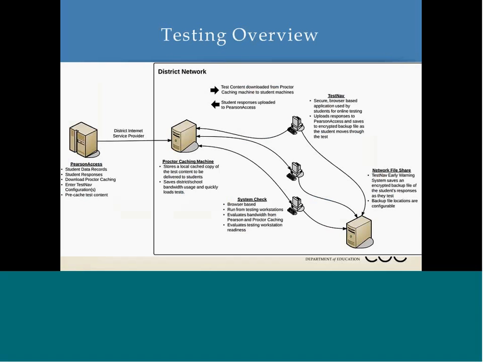While students are executing the test, their student response files, their responses to each of the questions, are saved in two different locations, which will be walked through in the demonstration. The default location is the computer hard drive, and the secondary location we recommend is the network file share, so that we have a backup location.